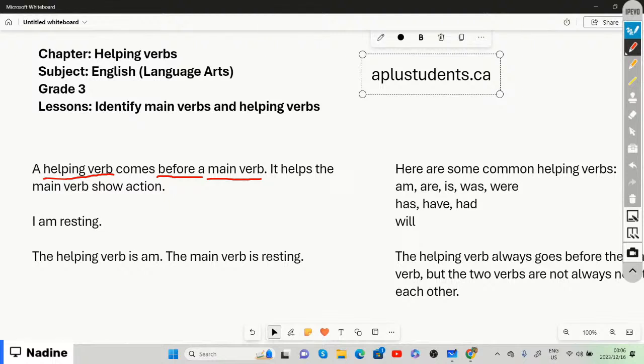So the helping verb comes before the main verb, and it helps the main verb to show the action.